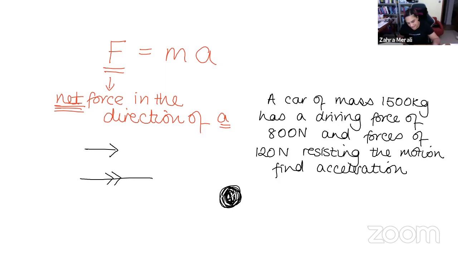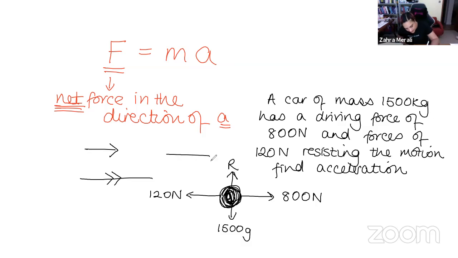What do I know is acting on it is a driving force. So it's going forwards, it's 800 newtons. Against it, I've got 120 newtons. I do have 1,500 G going down and a reaction force going up. But because I'm looking for the acceleration, all I care about is the forces in the direction of acceleration. Now, acceleration is going this way, so anything going in the same direction is going to be a positive.